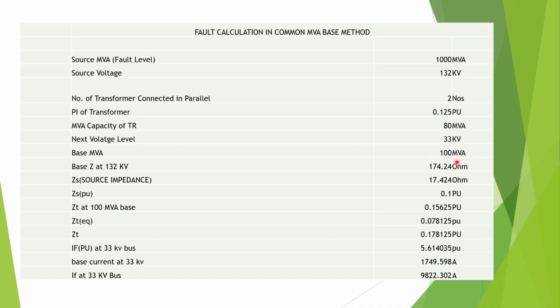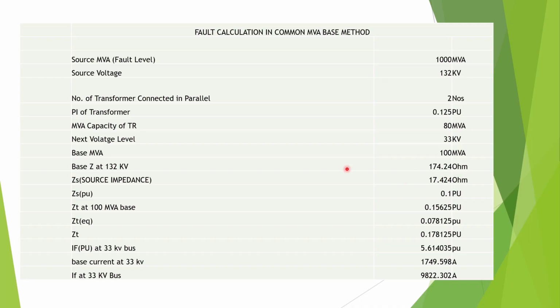We can calculate the base impedance at the 132 kV system, which is kV squared divided by MVA. That is 132 squared divided by 100, which comes as 174.24 ohm.